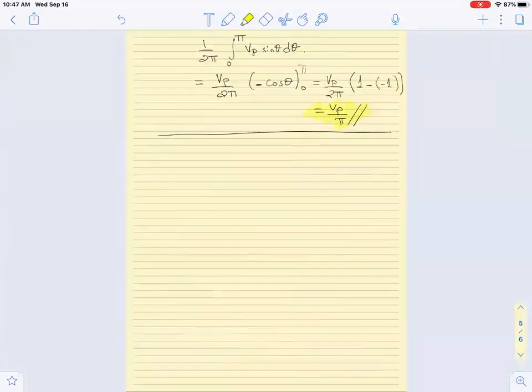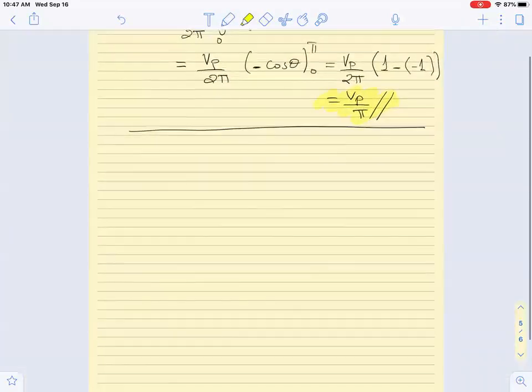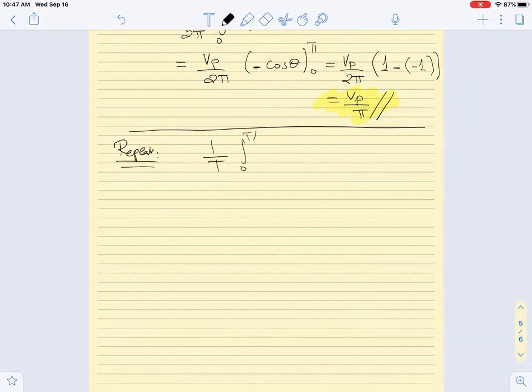I will walk through it very quickly. This is just a repeat of the integral, and then we'll draw the characteristics. So this is 1 over T, integral between 0 and T over 2 of Vp sine omega t dt, plus 0. We replaced with theta equal 2 pi over T times t, so d theta is 2 pi over T dt, meaning dt is equal to T over 2 pi times d theta.